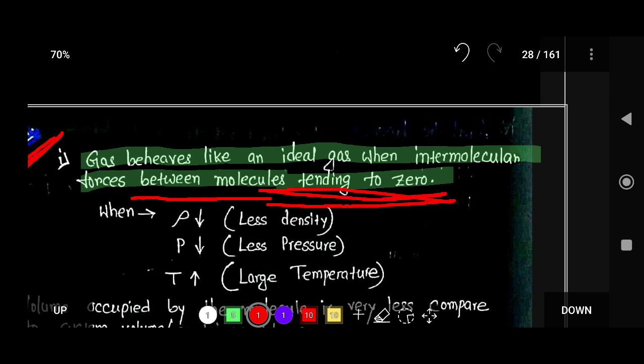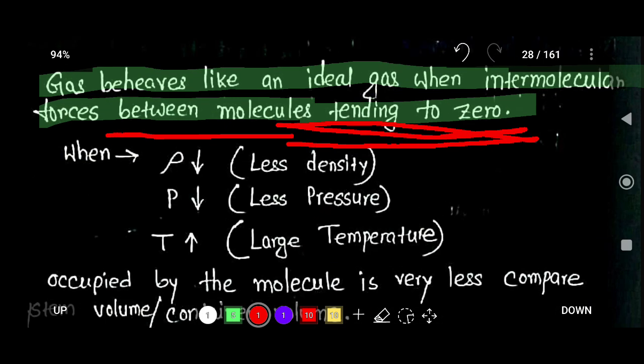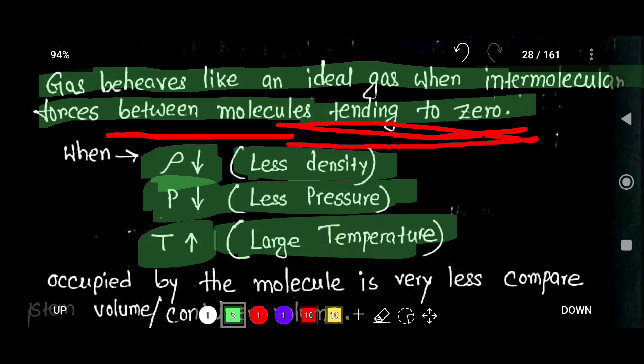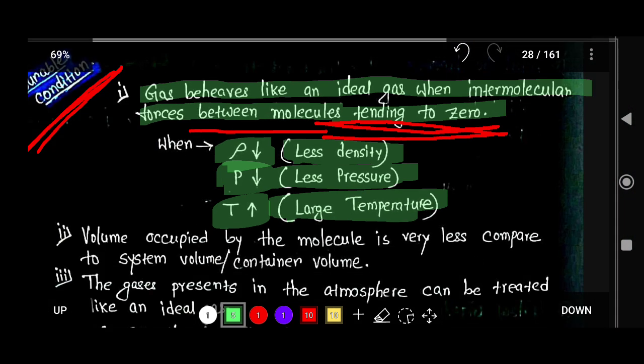So when the intermolecular forces are tending to zero, then you can consider that it is an ideal gas. How is it possible? When density is very low, or pressure is low, and the temperature is high, then you can consider that this is an ideal gas.